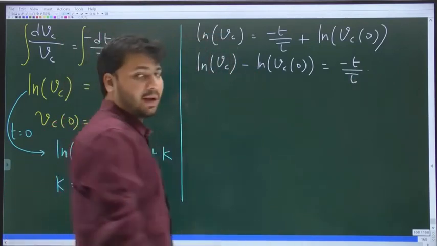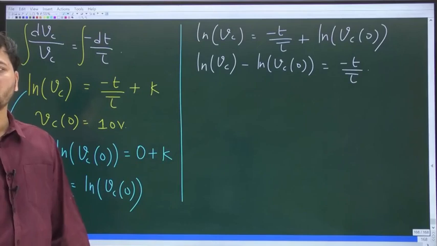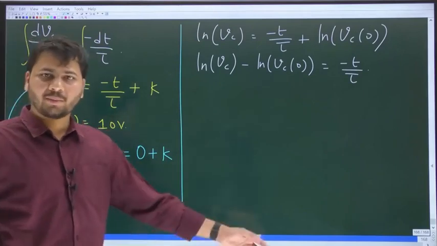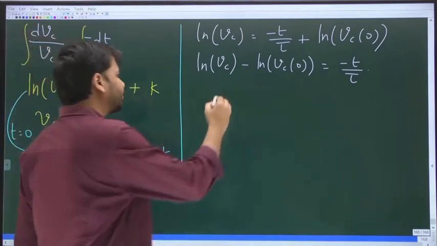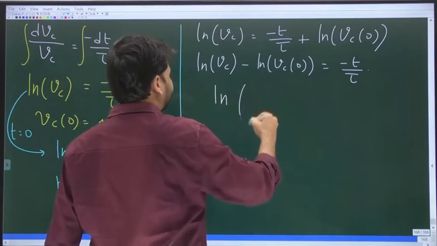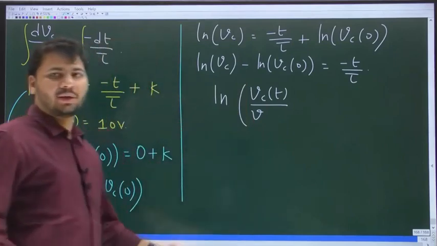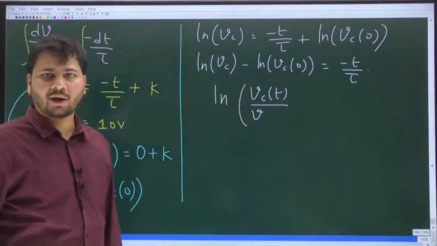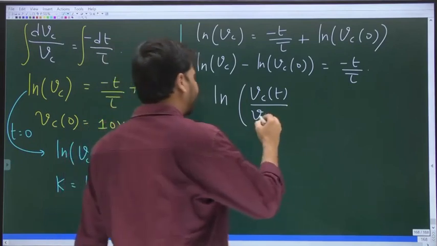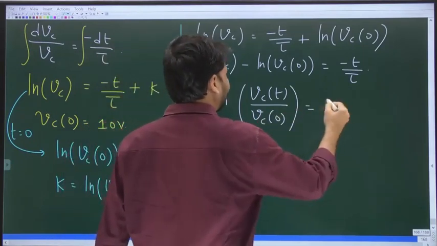Since ln A minus ln B is ln of A by B, the left hand side can be written as ln of Vc of t divided by Vc of 0. Remember, when I write Vc, it is understood to be Vc of t.